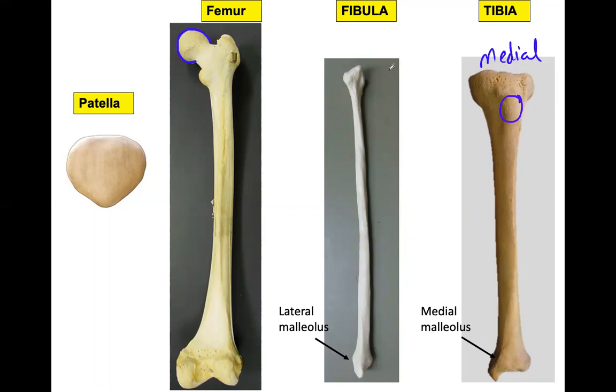Now the ends of your fibula and your tibia are again similar to what I described. There are these extensions, this sharpness to the bone. The fibula, because it's lateral, has an extension called the lateral malleolus. The tibia, because it's the medial bone, has the medial malleolus.